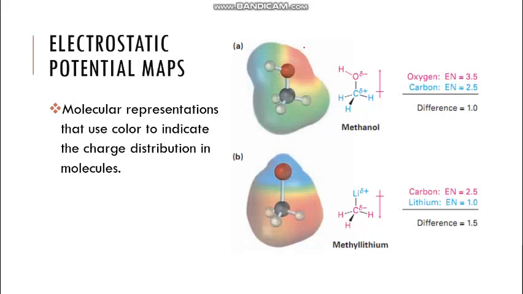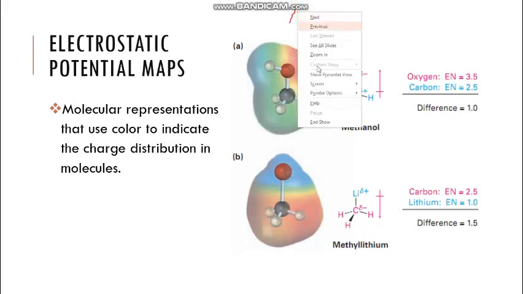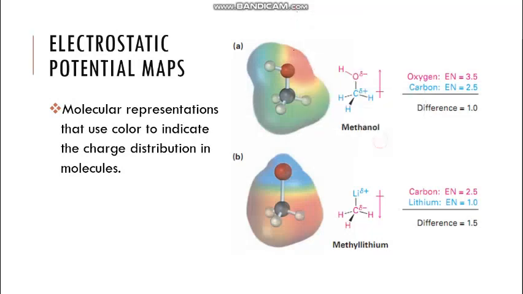Electron rich, sila yung may negative, and it is color red. At yung electron poor, sila yung may positive na sign, and it is color blue.